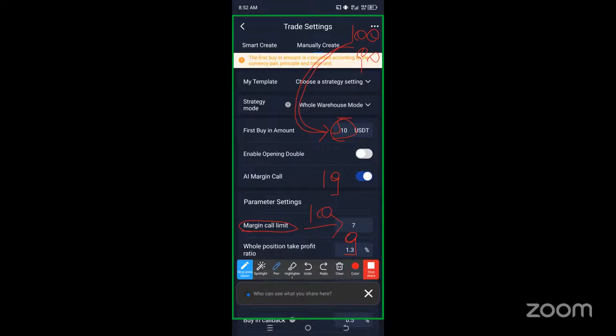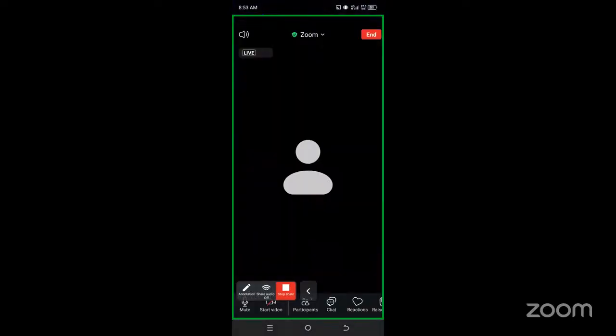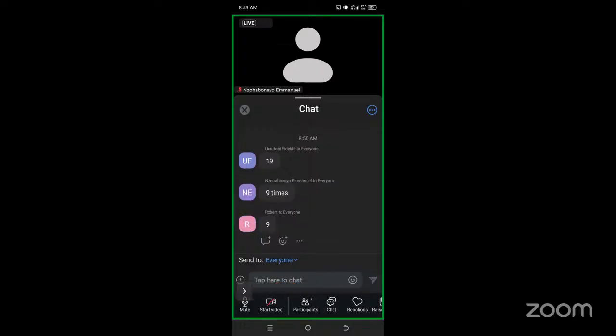Who will buy more quantity, and who will stay longer in the market able to buy? So you go in the chat box and tell me, is he the one who has used the 5 or the one who has used the 10 as first buying amount?